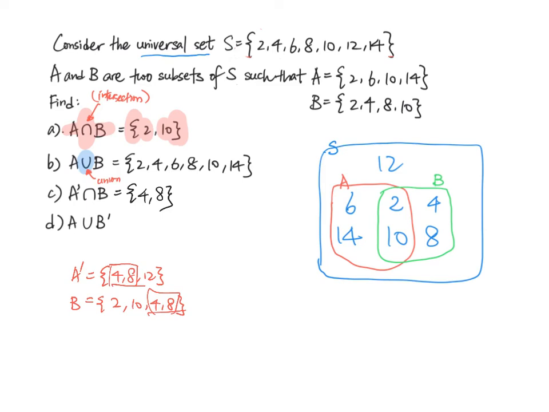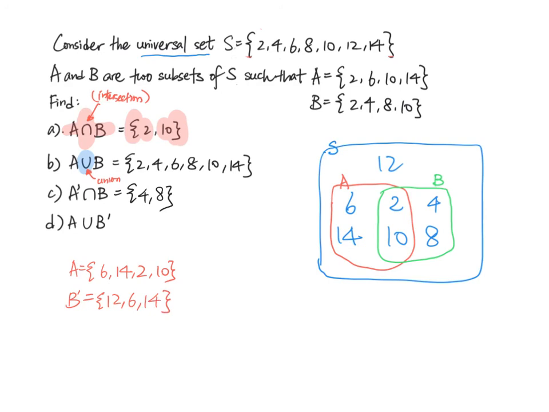Likewise, when we talk about part D, it's the union of A and B prime. A is 6, 14, 2, and 10. And B prime would be anything that is not inside B. That is 12, 6, and 14.